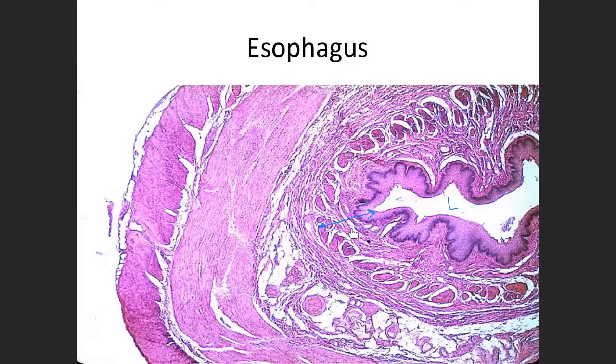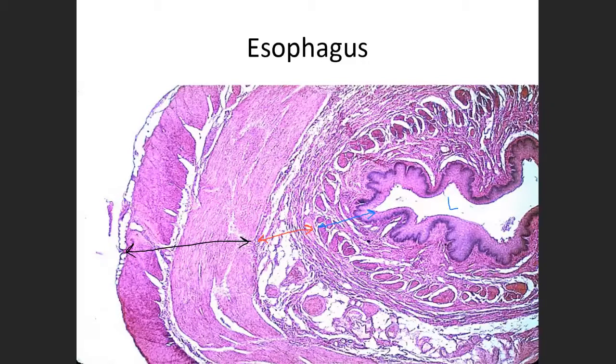Then you can see the red arrow. The red arrow here shows you the tunica submucosa. This is areolar to dense irregular connective tissue, and in this part we have many blood vessels, lymphatic follicles, nerves, and lymphatics. After that, you can see the black arrow. The black arrow here represents tunica muscularis externa.